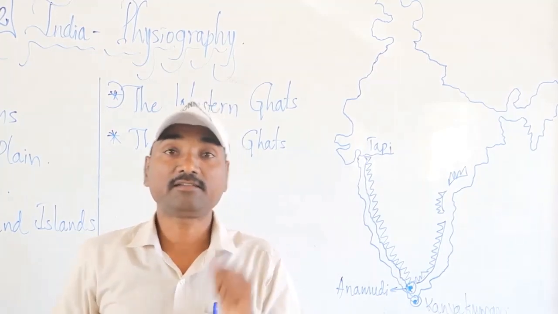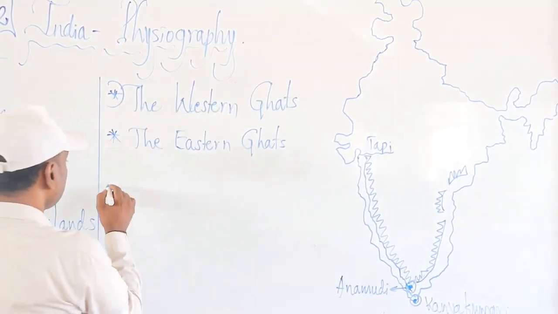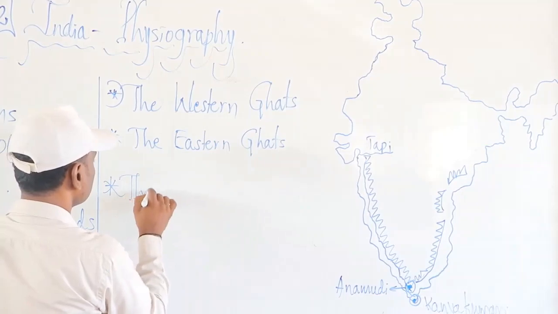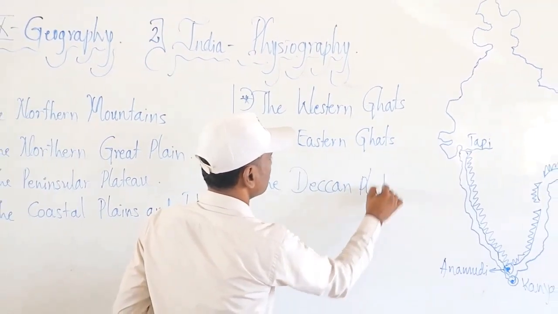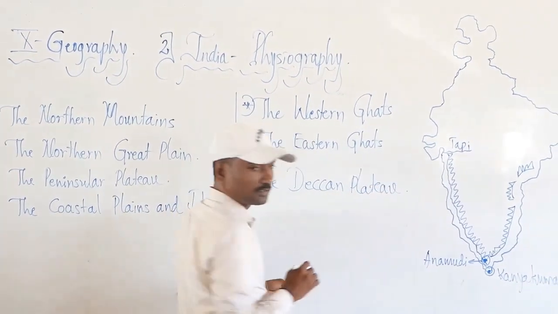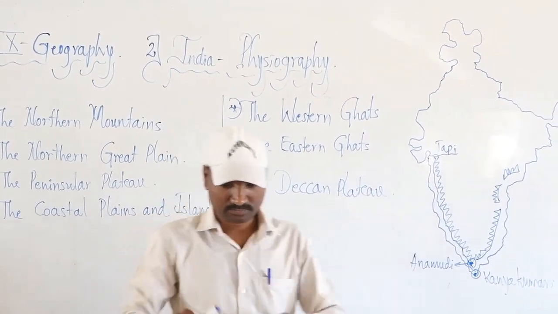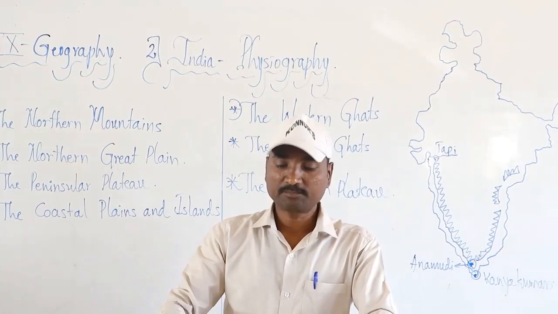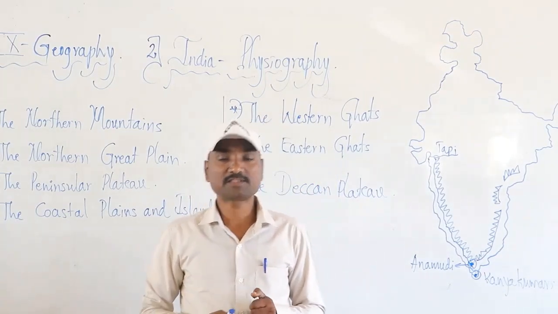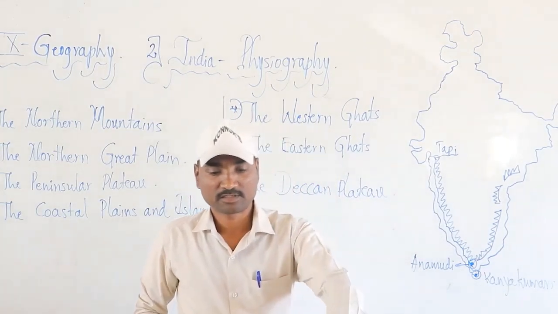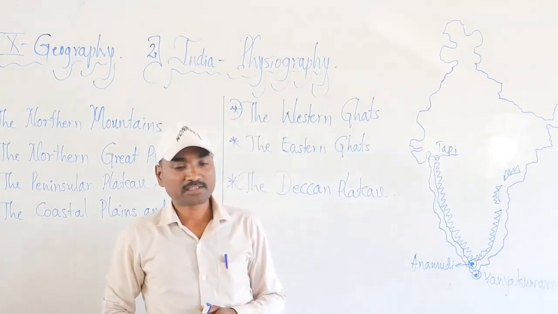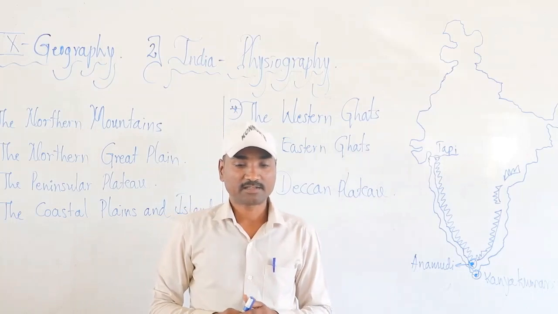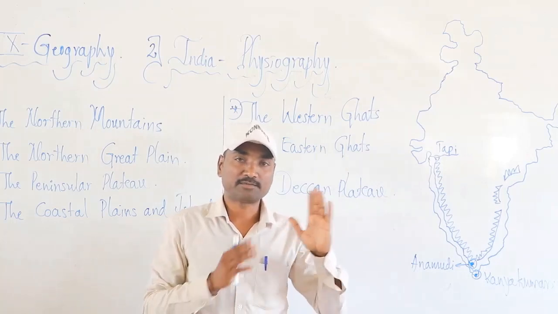Now the Deccan Plateau. This Deccan Plateau is bounded by the Satpura and Vindhya mountains, the Eastern Ghats on the east side and the Western Ghats on the west side.